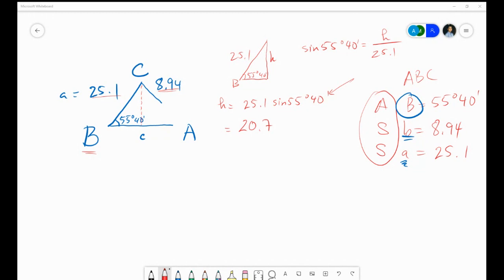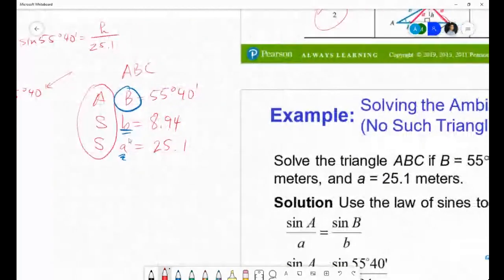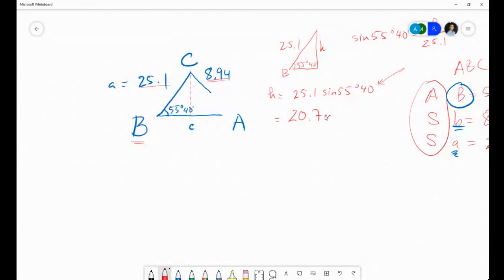You see it? Number 2. Yeah, you got 20.726. That's right. I typed it in wrong. So we got 20.7. All right, so what unit are we using? Do we have a unit? Meters. Okay, meters. All right, so let's look at what we have here. The height is 20.7 meters.